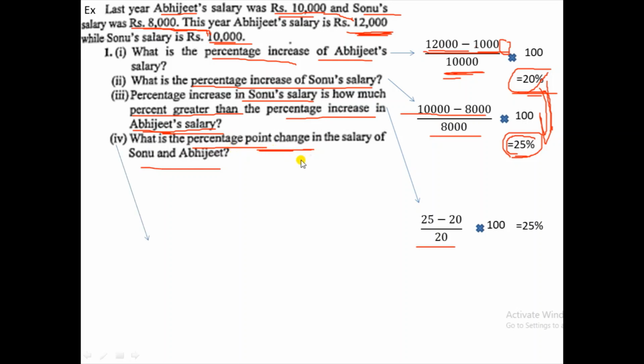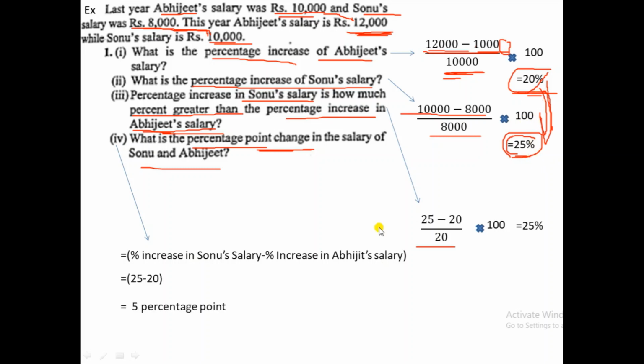Next question is, what is the percentage point change in the salary of Sonu and Abhijit? Okay, so here comes the last query: the increment of Sonu is 25%, the increment of Abhijit is 20%. So the percentage point change will be the percent increase in Sonu's salary minus the percent increase in Abhijit's salary.